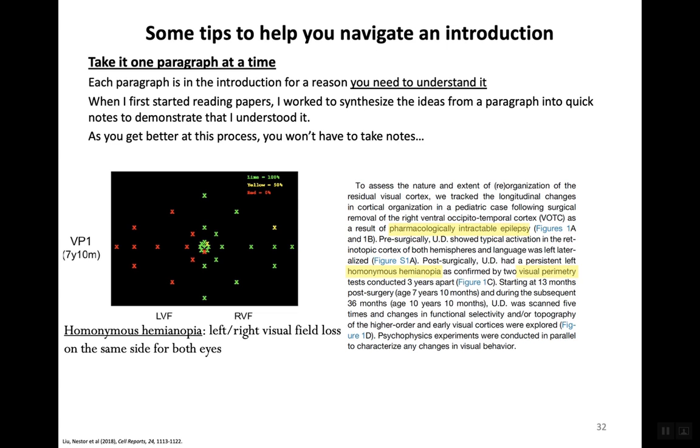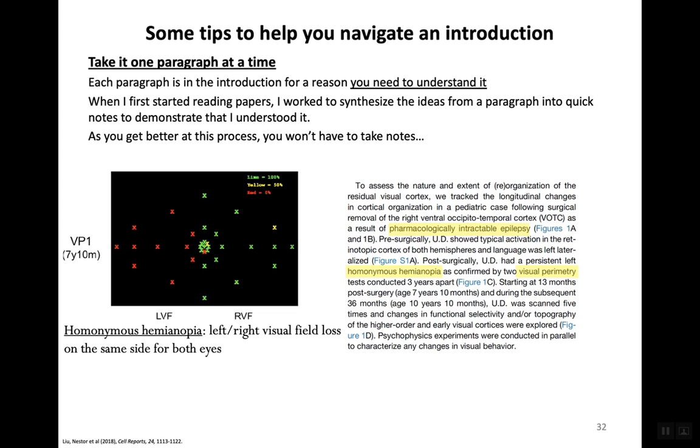And scanning is often a keyword or a cue that what was done here was a form of scanning that relies on MRI. So presumably fMRI was conducted, probably some structural MRI as well.